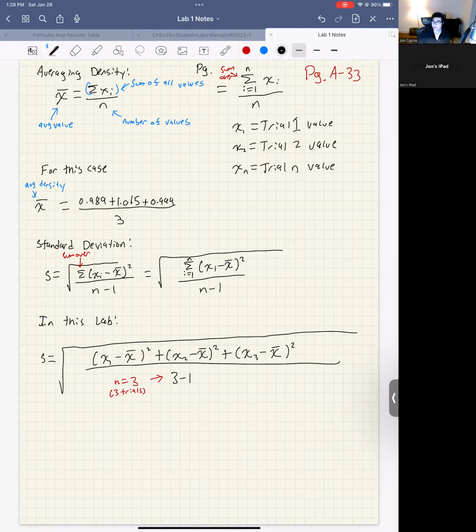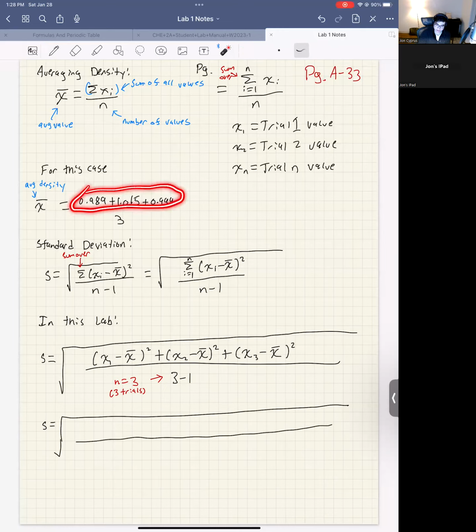And then you would just plug all the values in. So in my particular case, with the numbers that I have, I'm going to be using these density numbers.